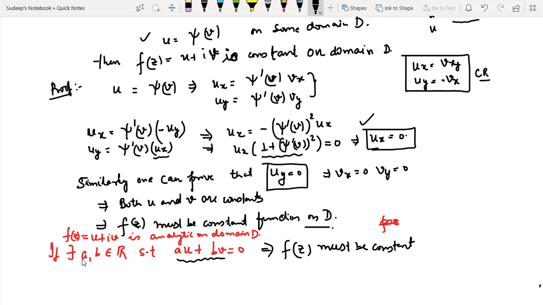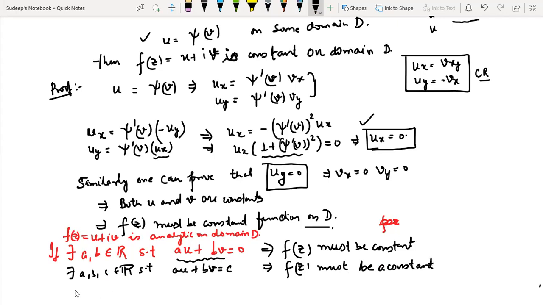Similarly, if there exist some a, b, and c belonging to R such that au plus bv is equal to c, then also it implies that f(z) must be a constant function, because here u and v are lying on a curve, or we can write that u can be expressed as some function of v, or the other way around, that is v can be expressed as a function of u. So that's not a problem. f(z) must be a constant function.